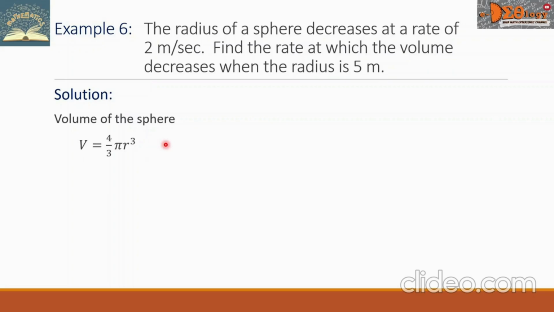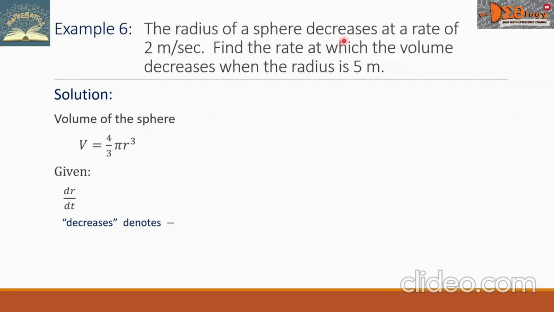Then let us write the given. Look at the first statement. The radius of a sphere decreases at a given rate. So that is dr over dt. Now, take note, we have the word decreases. In that case, it denotes a negative value. The given value here is 2 meters per second.